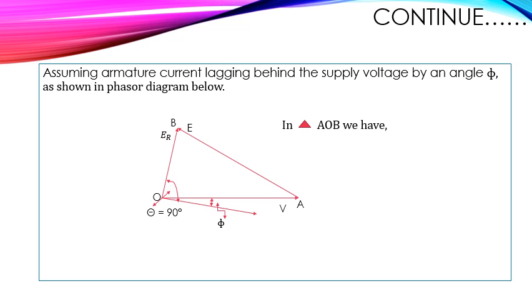So according to the phasor diagram in triangle AOB, we get the equation E square is equal to V square plus ER square minus 2 V ER cos of (90 degrees minus phi).